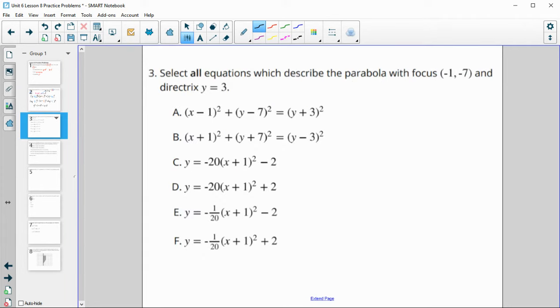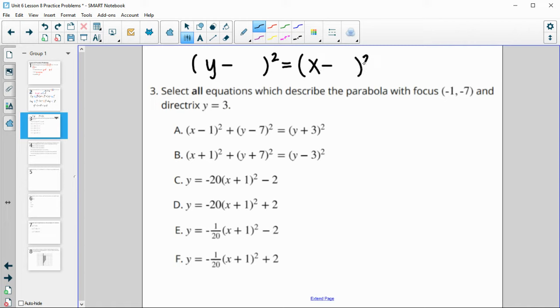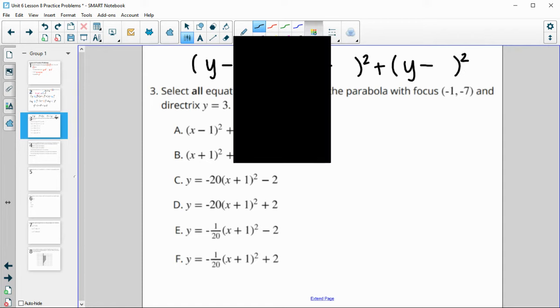Number 3, select all equations that describe a parabola with a focus of -1, 7 and a directrix of y equals 3. First off, let's just look at writing the equation of the parabola. The distance to the directrix will equal the distance from the point to the focus.